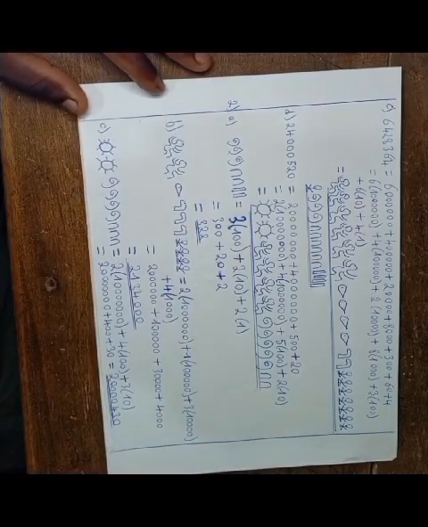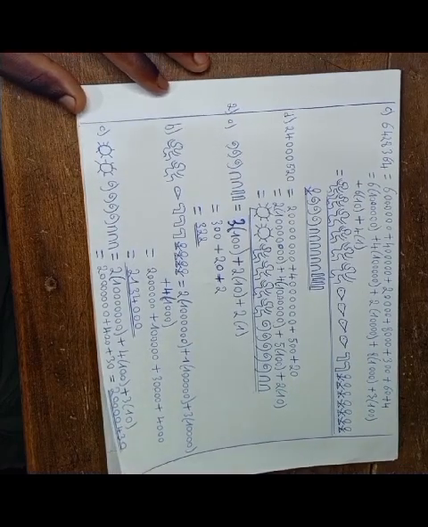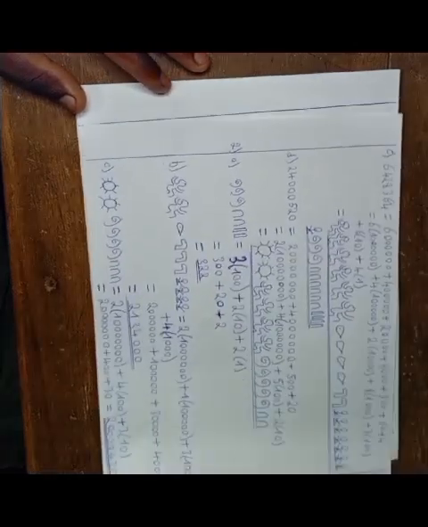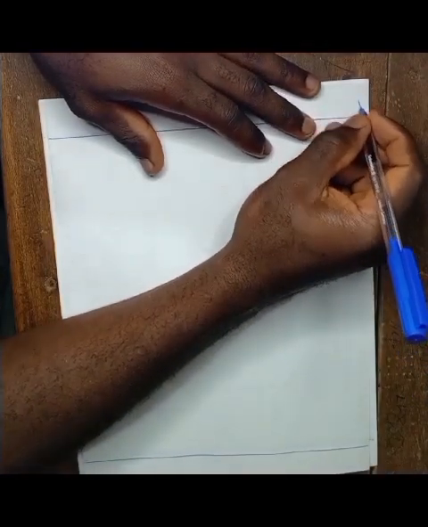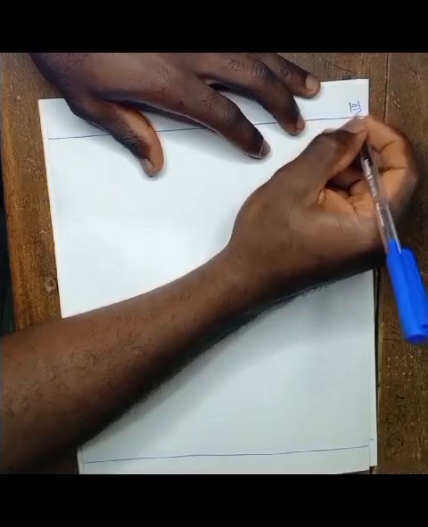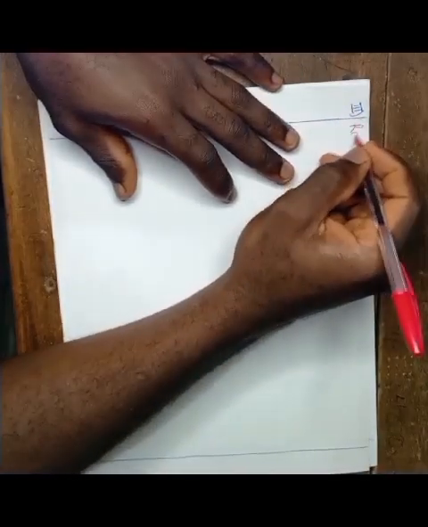So we are done with the exercises. We can now move to the third numeral system, which is the Roman numerals.